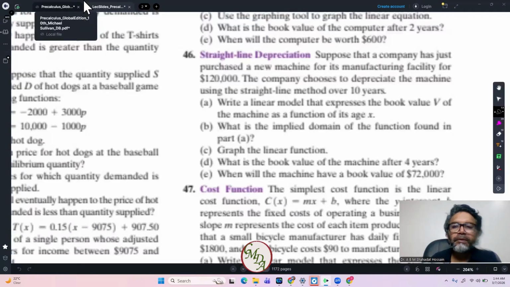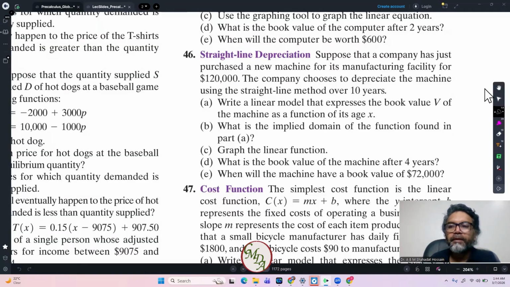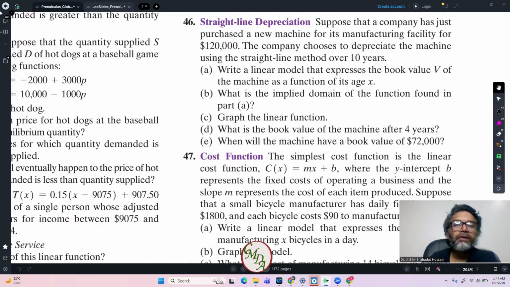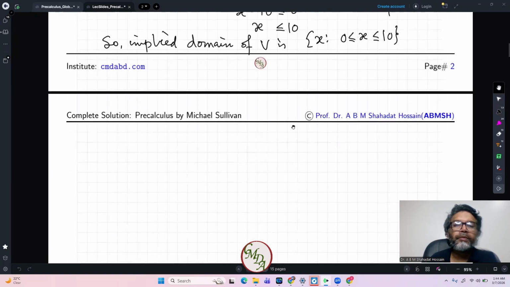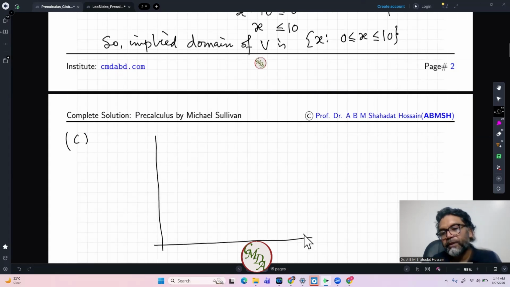Let's use the domain found in part A. We get the domain and graph the linear function. Now the question is to graph the linear function, so we need to draw the graph of V. So part C, that is simply a linear function. Along the x-axis is age, and along the y-axis the book value of the machine.